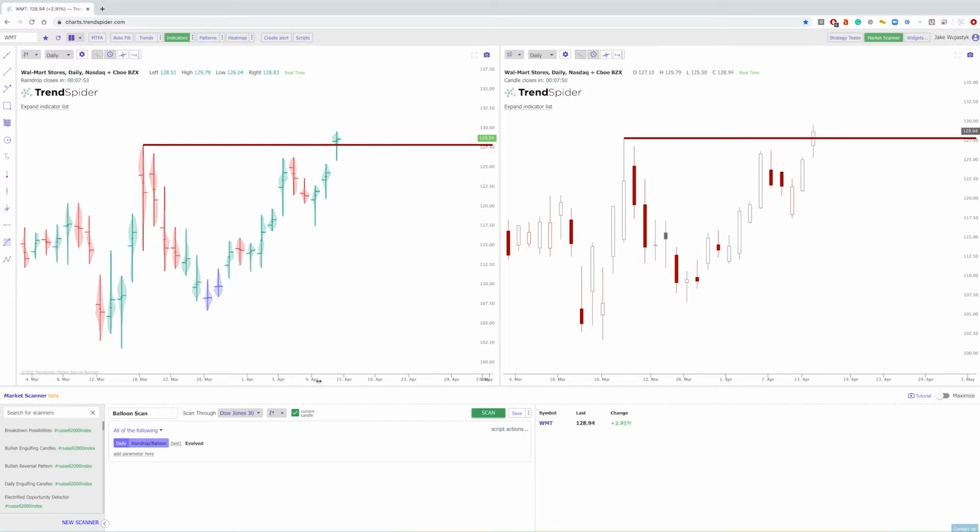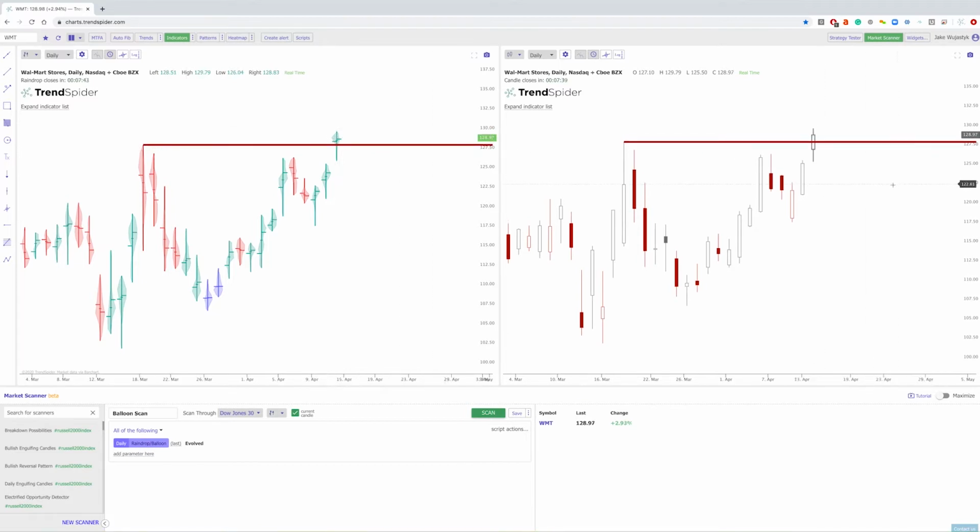In this particular case, we've got this raindrop forming, and this previous area of resistance is now breaking out. If you compare this to a hollow candle, you can see that even though we are closing above this resistance line, a majority of the volume is really focused at the top of the range, in the wick of this candle.